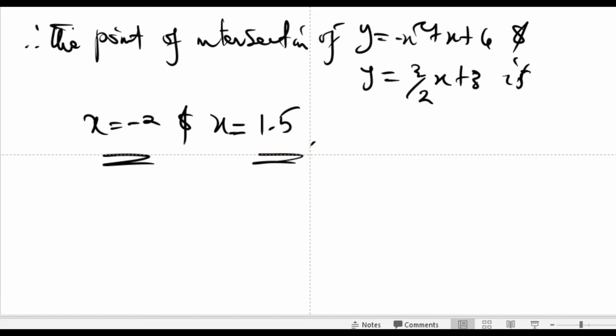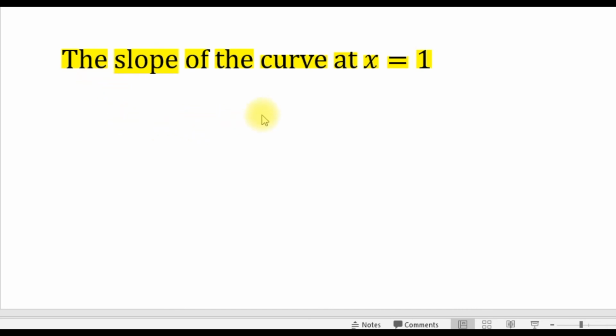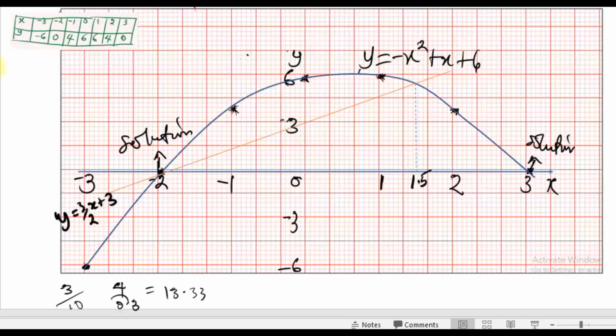So now the final question. Okay, the final question, the slope of the curve at point x equals 1. So we'll go over to the graph. So looking at the graph, we have to find the slope at point x equals 1. So see the point.